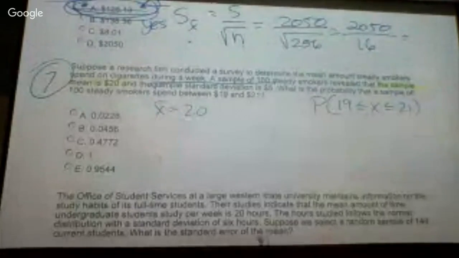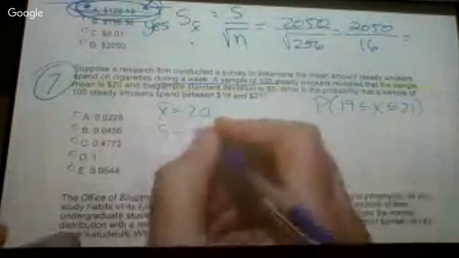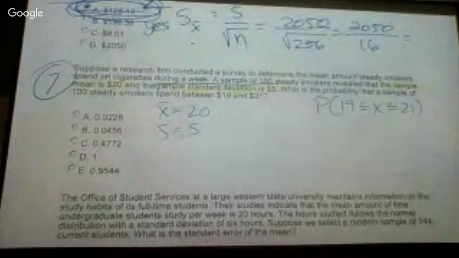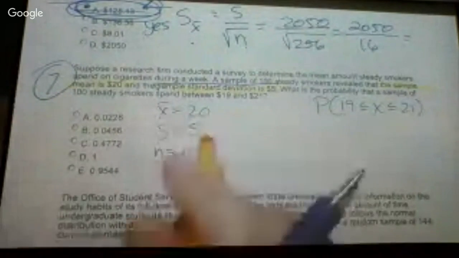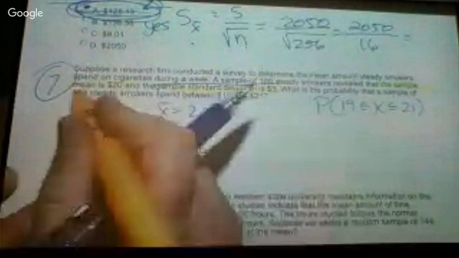What else? S is 5. Sample standard deviation, otherwise known as S, is 5. What else? N is 100, because there were 100 steady smokers.